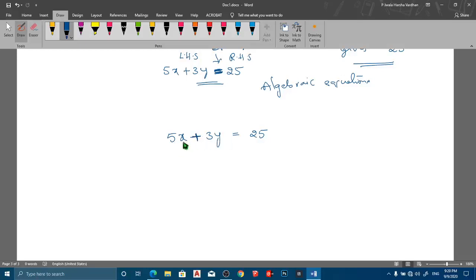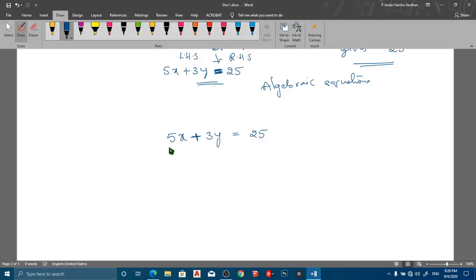For example, it is 5x into 3y, that is called as another type of expression. Okay. So here, for example, it is 5x minus 3y is equal to 25. That is also an equation. Here, if it is 5x divided by 3y is equal to 25, that is also an equation. Terms may be divided by any of the operations, any of the 4 operations you can take.